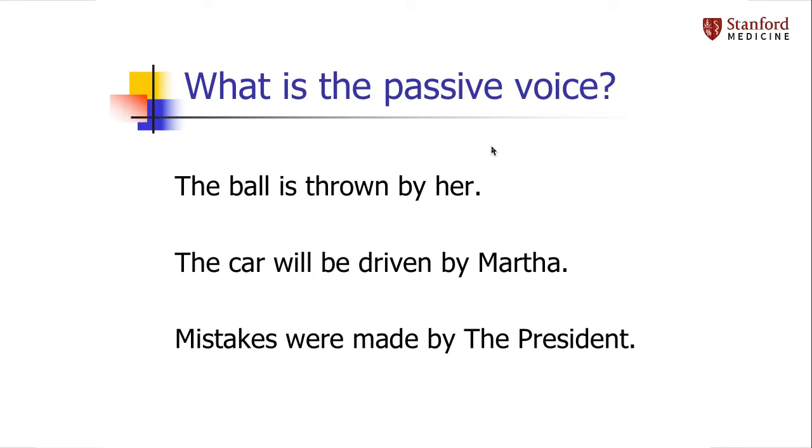The passive voice inverts this structure. The recipient of the verb, the thing that's acted upon, is moved before the verb, and the agent, the person or thing doing the action, is moved after the verb or omitted altogether. So instead of agent, verb, recipient, we get recipient, verb, agent.